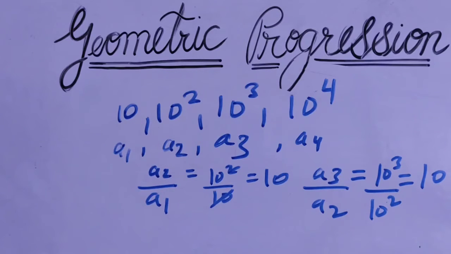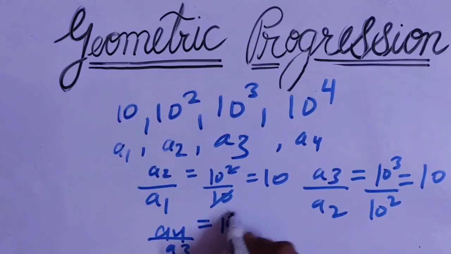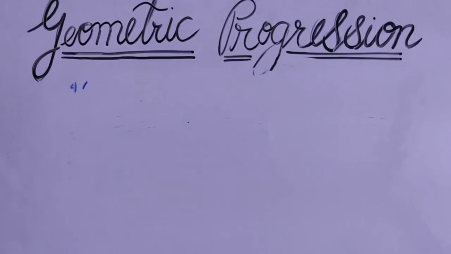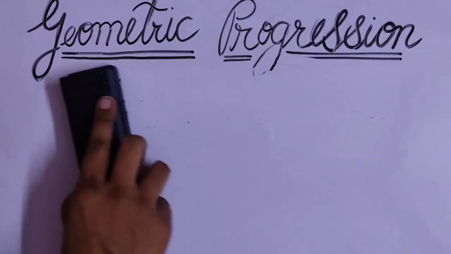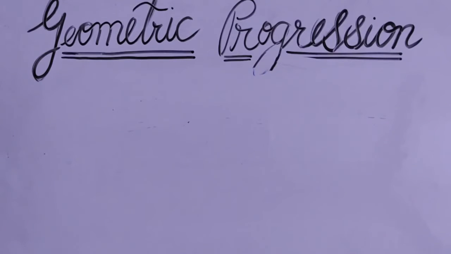It means the fourth term and the third term, that means A4 upon A3. A4 upon A3 is also equal to 10 raised to the power 4 upon 10 cube, which is equal to 10. So students, I hope you have understood what a geometric progression is now with the help of that example.